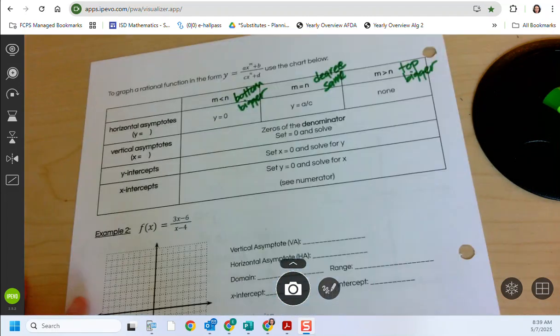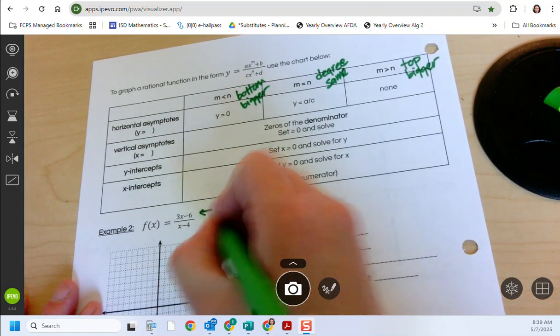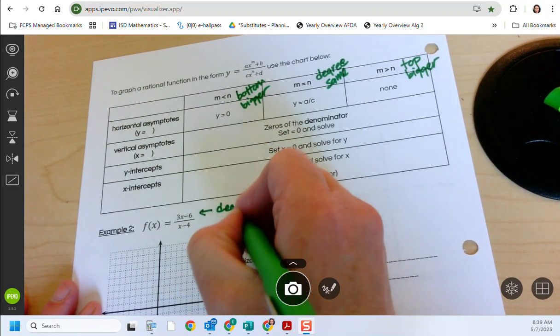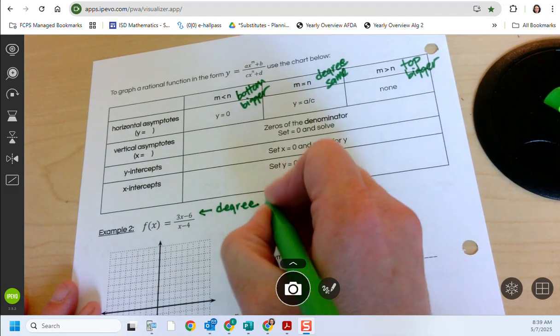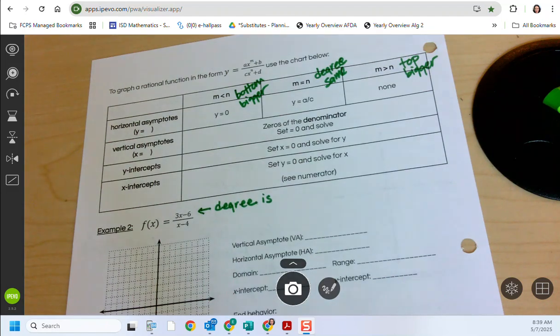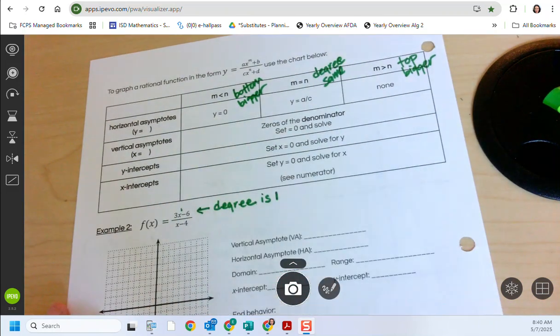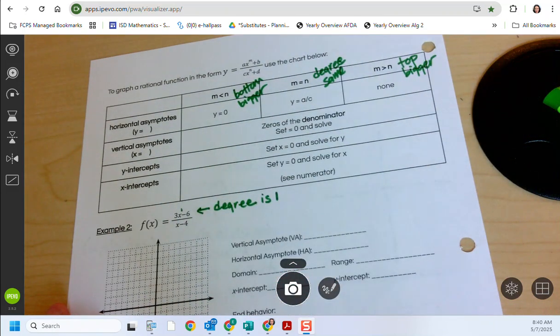Okay, so for this one, what is the degree of the top? Your biggest exponent, what is it? You don't see any exponents, right? But what could you put on the x? 1. So the degree is 1. On the bottom, what's the degree? Biggest exponent.